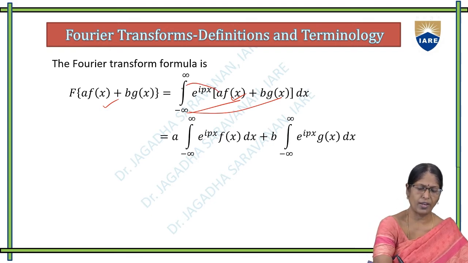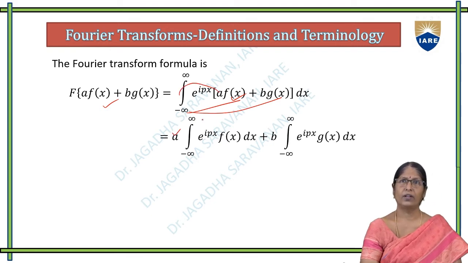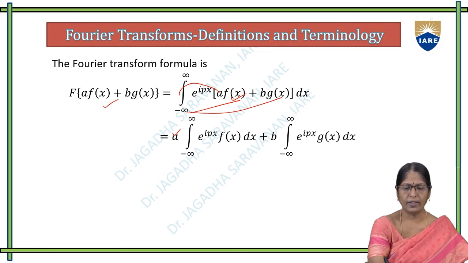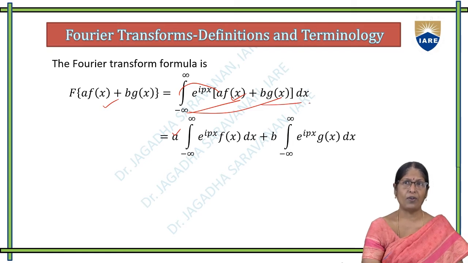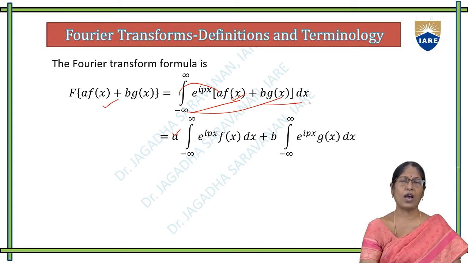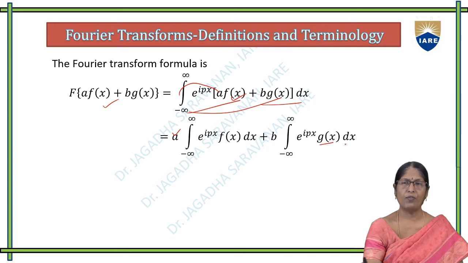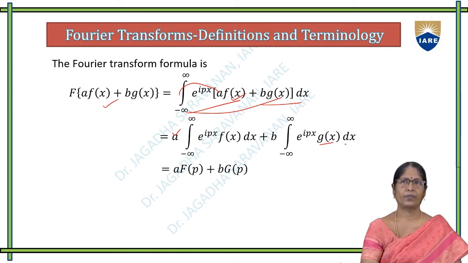A we have taken outside. So a into integral minus infinity to infinity e power ipx f of x dx. The second one, when defining b, we have taken out integral minus infinity to infinity e power ipx g of x dx.